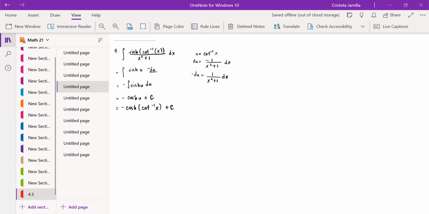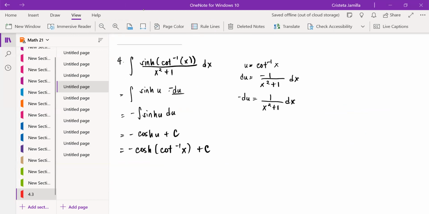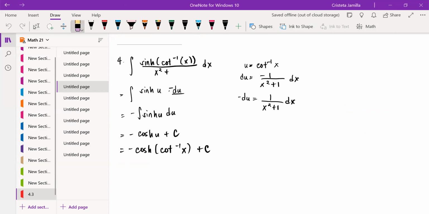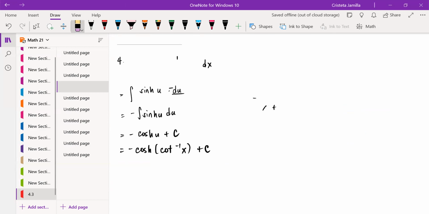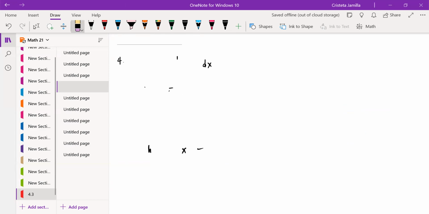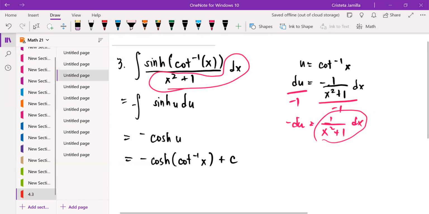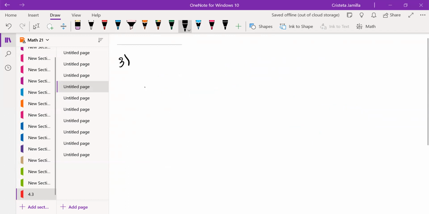Next, we have another example. Wait, is this the same number? Oh, okay. I'll answer another exercise. I made a mistake in my number 3. The item earlier should be item number 4, and this one should be item number 3.